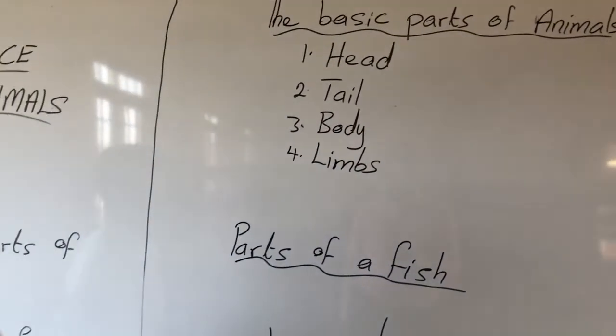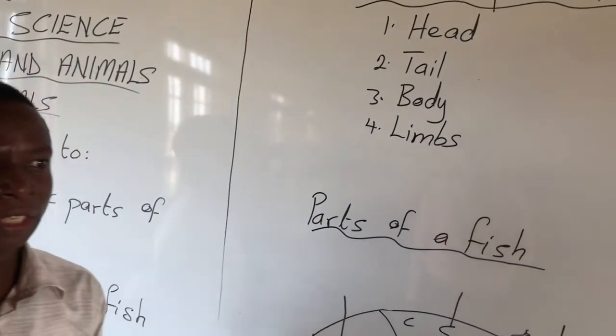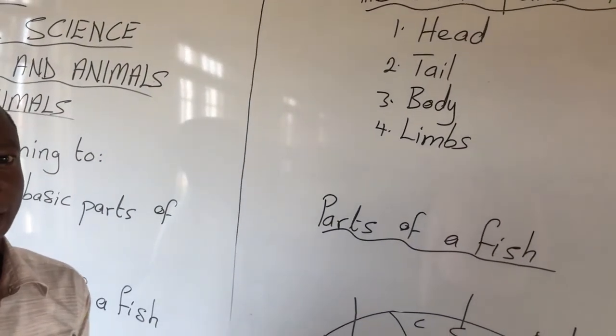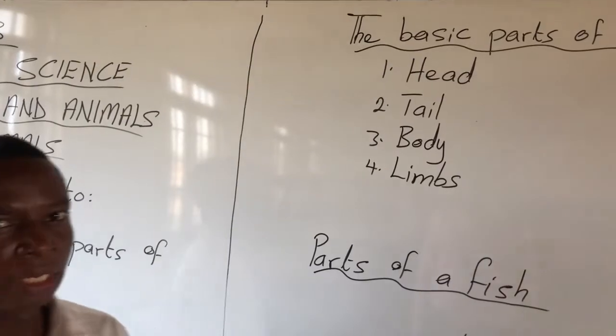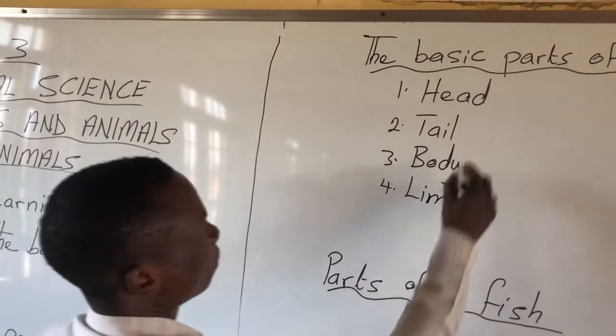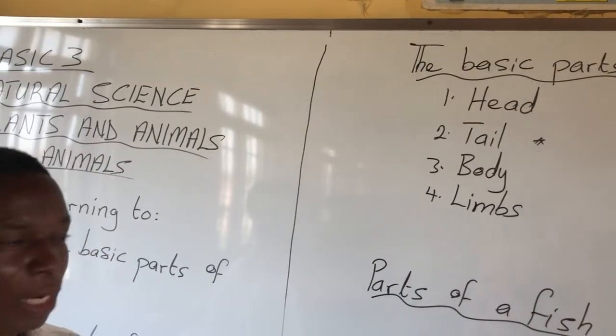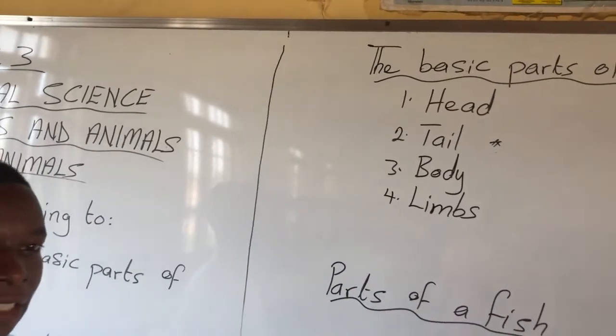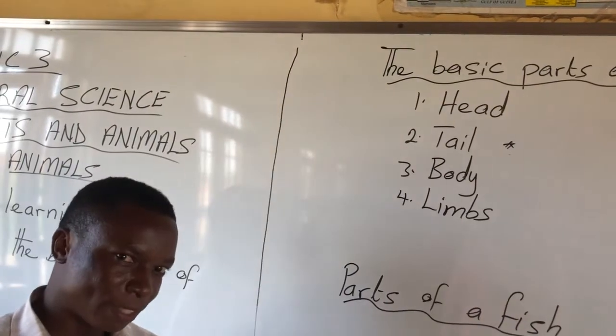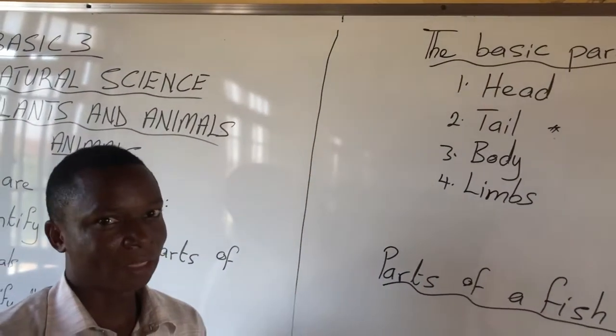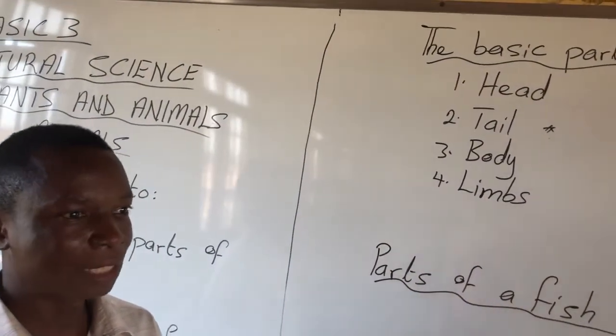But some of the mammals, like human beings, don't have the tail. Have you ever seen any human being having a tail before? I wonder. If you have ever seen some, let me know.